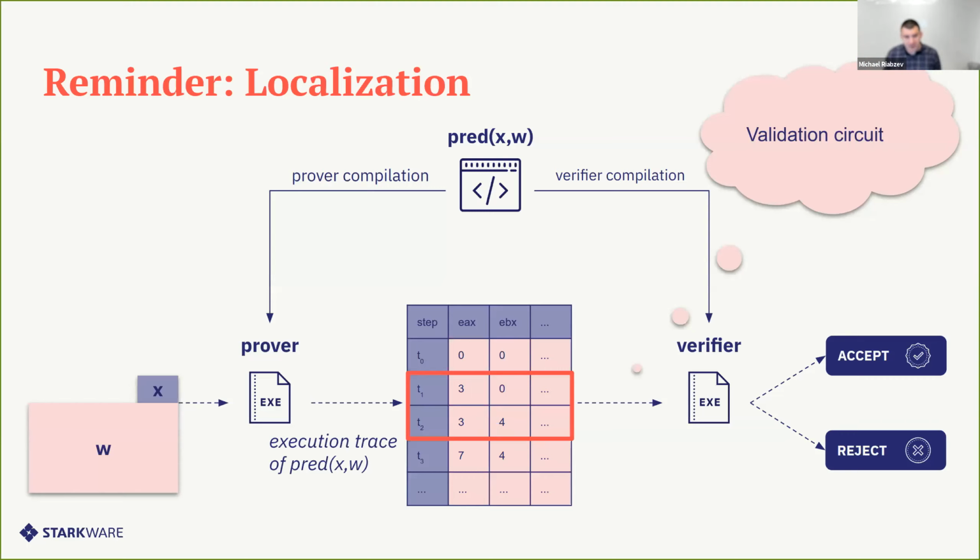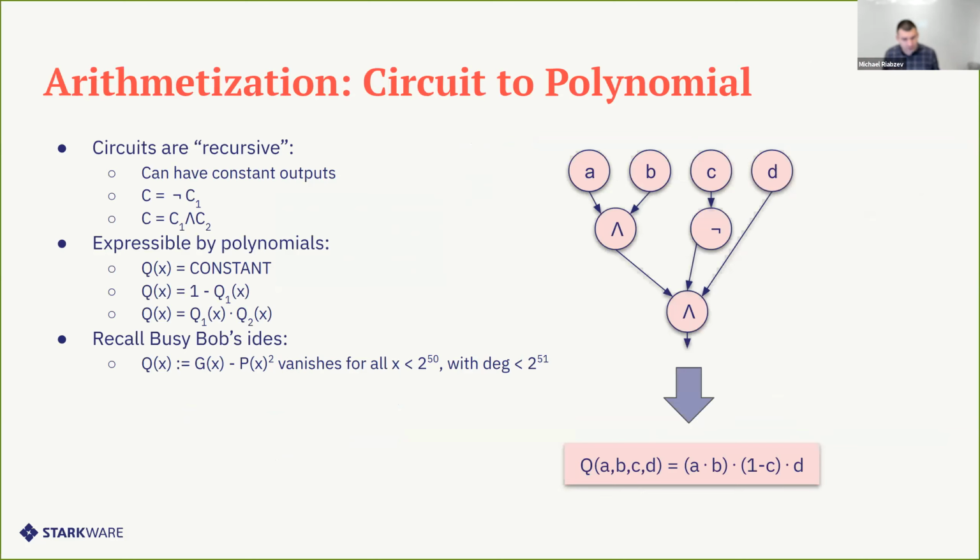And eventually, as in the story of Bob and Charlie, Charlie generating this trace would compute a low degree extension of this trace, and the arithmetic circuit will be used to verify it.